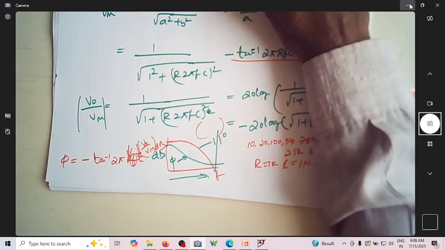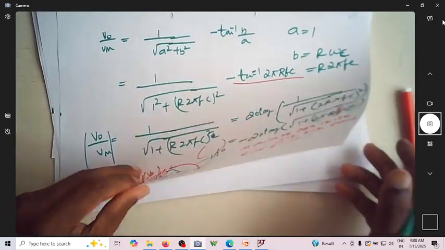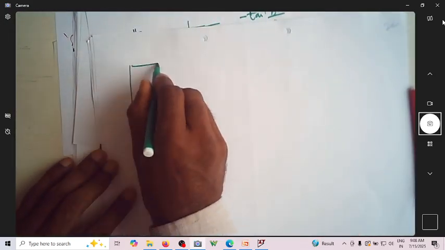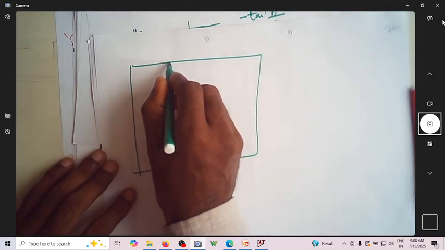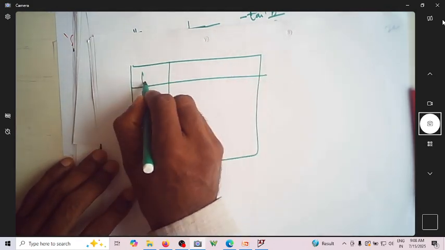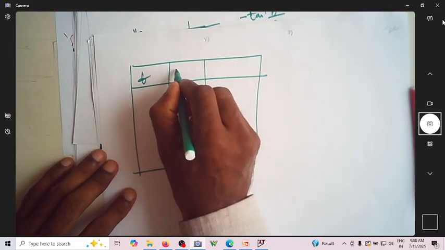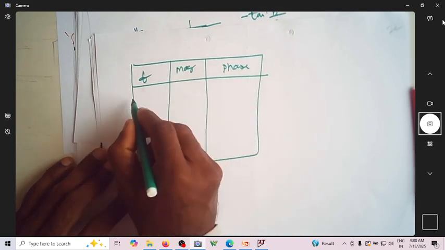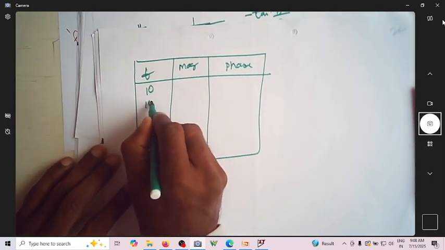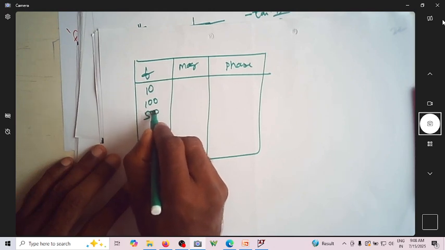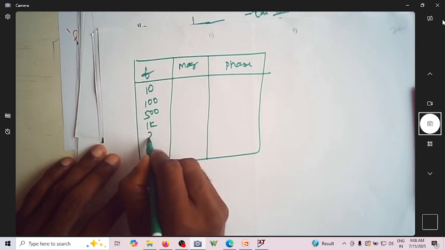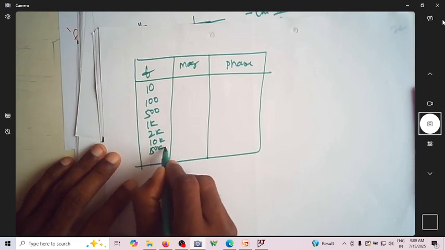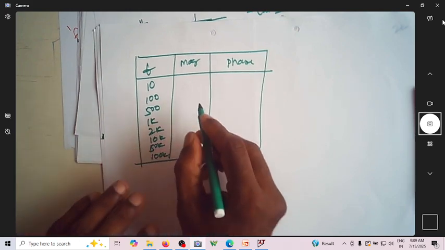You can write a tabular column having frequency, magnitude, and phase. Start from 10, make it 100, 500, 1k, 2k, 10k, 50k, 100k.